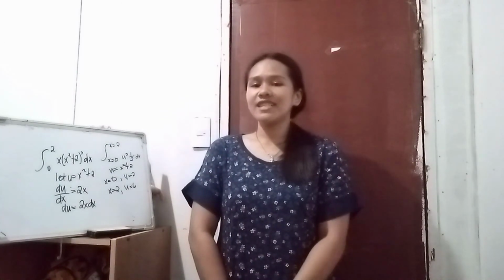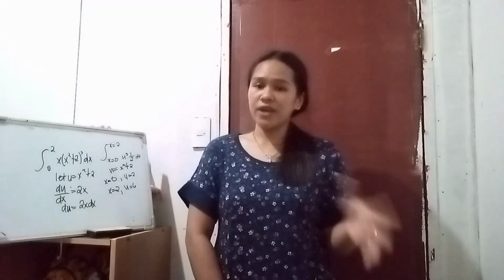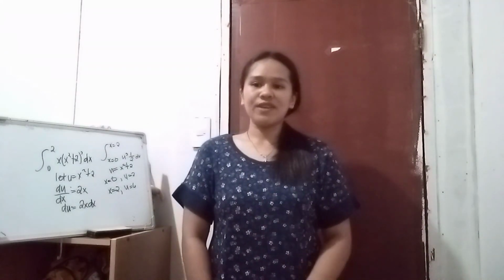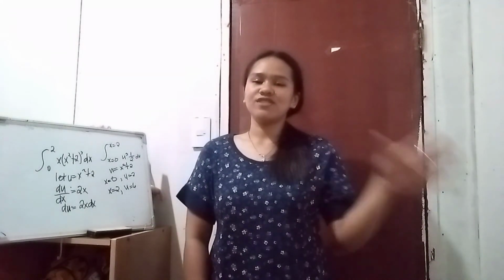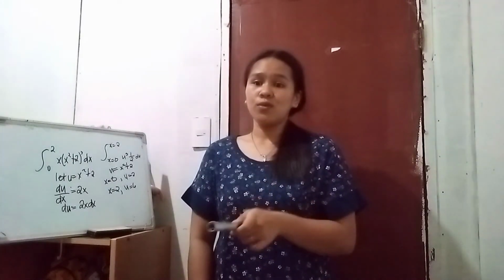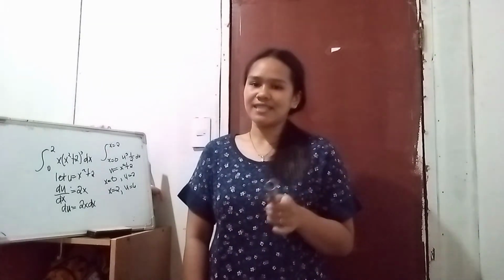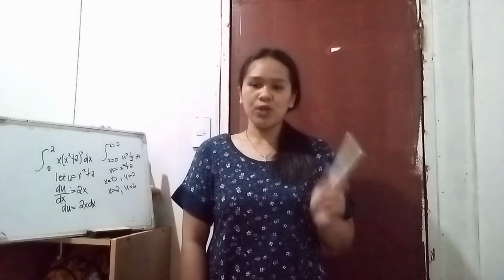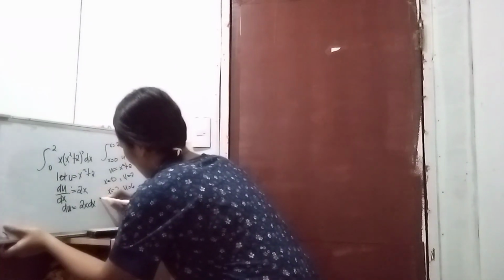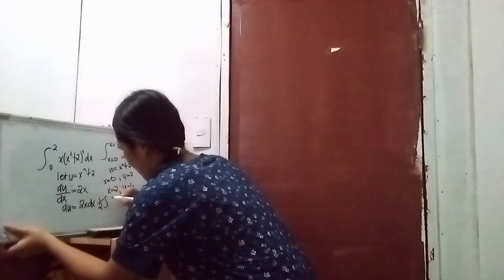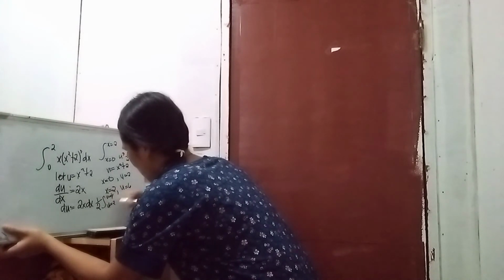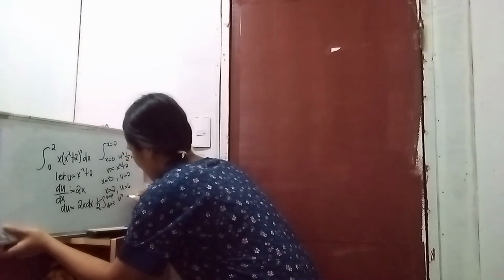I can rewrite my original integral now. I'll bring the 1 half out front, and instead of integrating from x equals 0 to x equals 2, I'll be integrating from u equals 2 to u equals 6 of u cubed du.